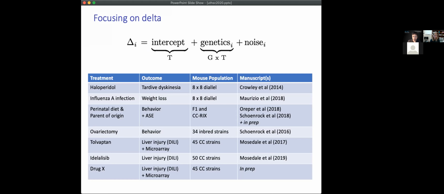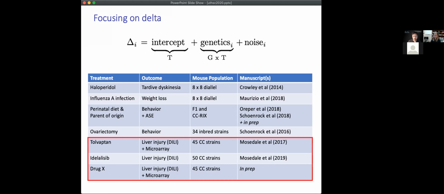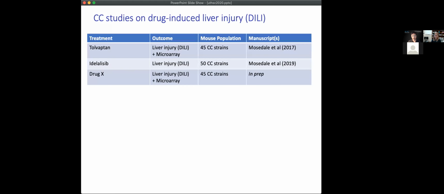There's quite a complicated pseudo diallel CC-RIX study on parent of origin that I'm not going to talk about. For this talk, I'm going to focus on this series of studies, which are all quite similar to each other. And these are studies on therapeutic drugs that cause drug-induced liver injury, DILI.